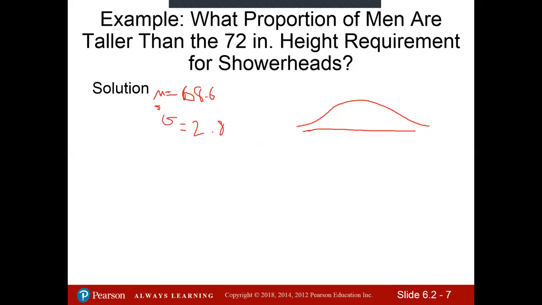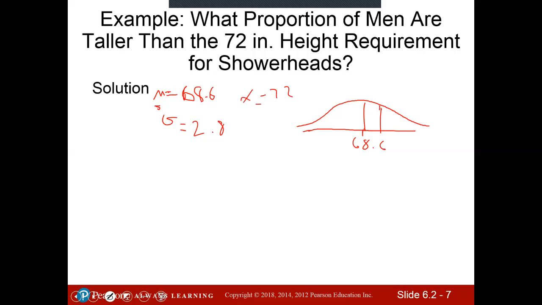So I go to my graph. Here's the mean, 68.6, and that is the mark right there. And then x, which is the 72 inches, is to the right. So 72 is somewhere there.